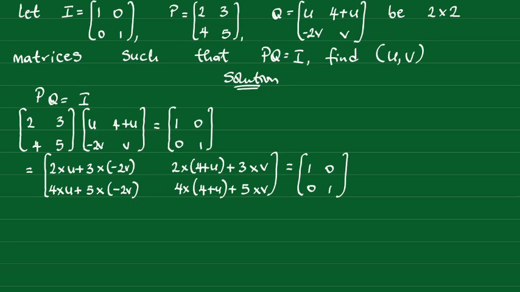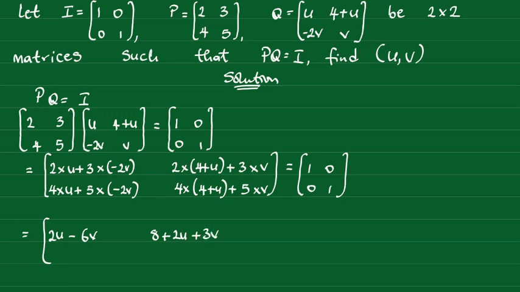Now we proceed and we have 2 times U, we have 2U. Now we have plus 3 times (minus 2V), this gives us minus 6V. Next we have 2 times 4 gives us 8, 2 times plus U gives us plus 2U, and we have plus 3 times V giving us plus 3V.